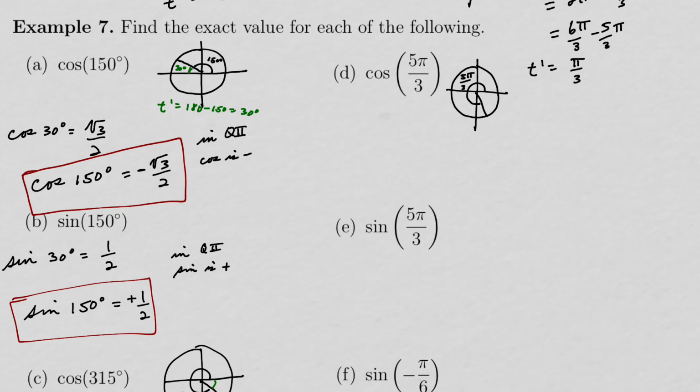Because 3/3 pi would be like 180 degrees halfway around, and then we're doing 2/3 of the way around again. So to find this angle, which is what I really want, T prime, I have to do 360 degrees or 2 pi radians, because I'm in radians, minus 5 pi over 3. So this is like 6 pi over 3 minus 5 pi over 3. And that's going to be pi over 3 radians.